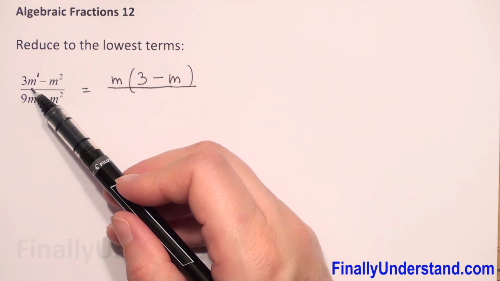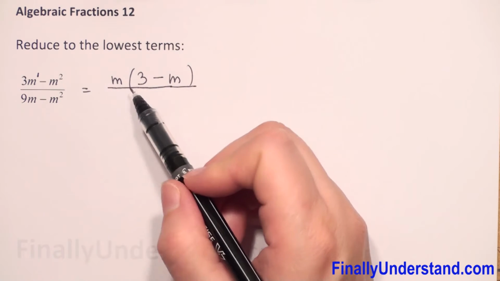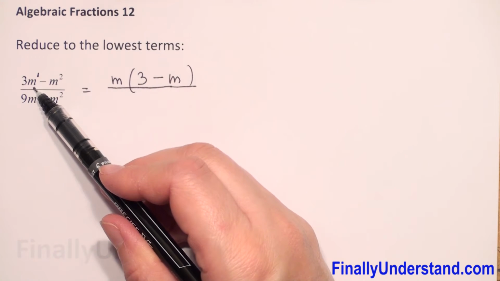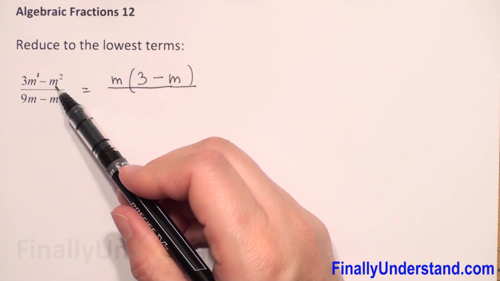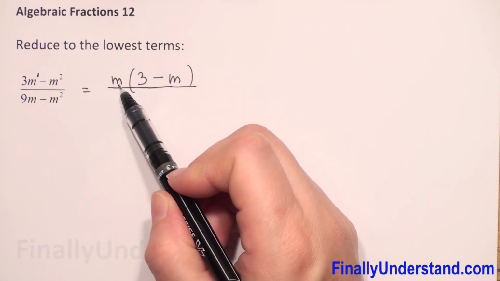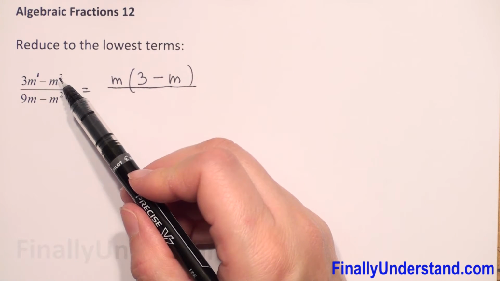By what number do I have to multiply m to get 3m? By 3. m times 3 is 3m. And now we have m squared. By what expression do I have to multiply m to get m squared? By m. m times m gives you m squared.